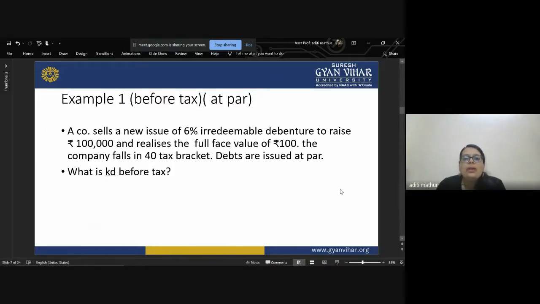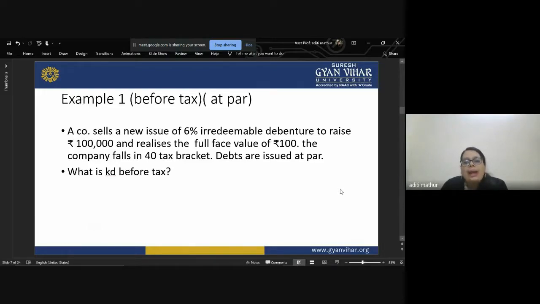Now let us solve a question to get a good understanding. A company sells a new issue of 6% irredeemable debentures to raise 1 lakh rupees and realizes the full face value of 100. That means it is a case of par. The company falls in the 40% tax bracket.